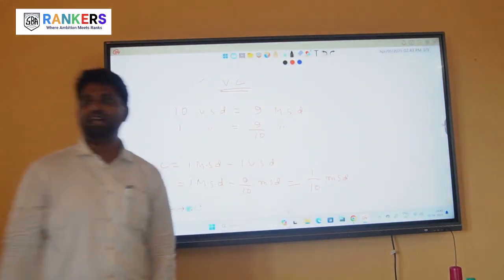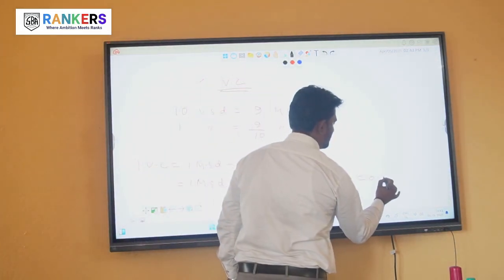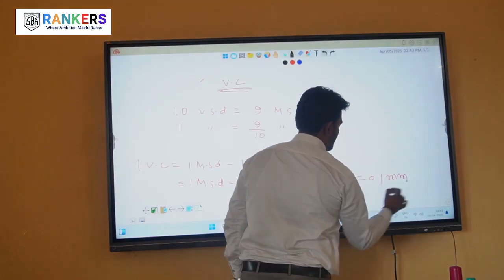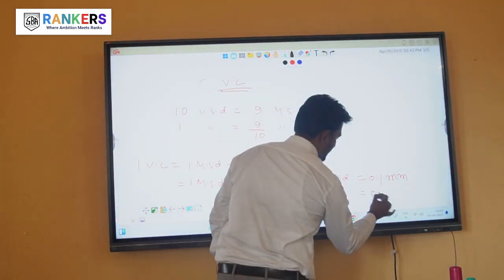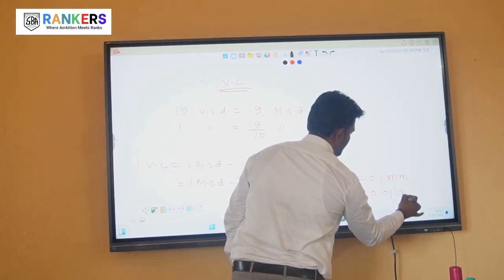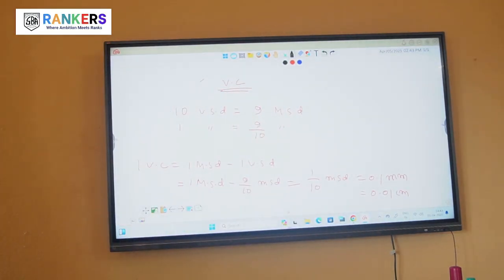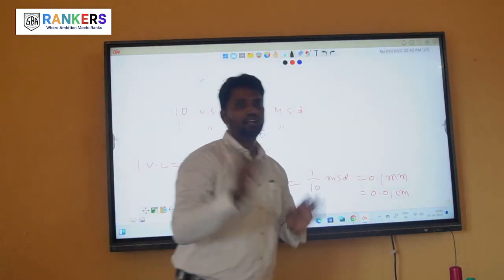Right? 1 by 10 means 0.1, that is in millimeter. If you convert it to centimeter, 0.01 centimeter. Clear or not? Clear everyone? In this way we can calculate the Vernier constant.